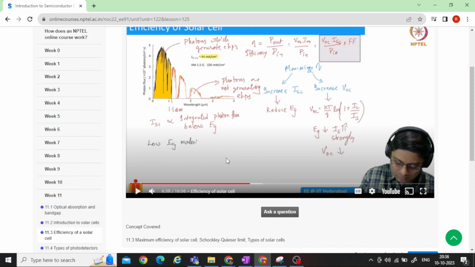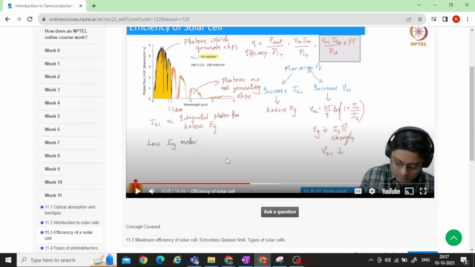As we have calculated, Is is proportional to Ni square, and Ni is the square root of Nc into Nv exponential of minus Eg by 2kT. So Ni square is Nc into Nv exponential of minus Eg by kT.